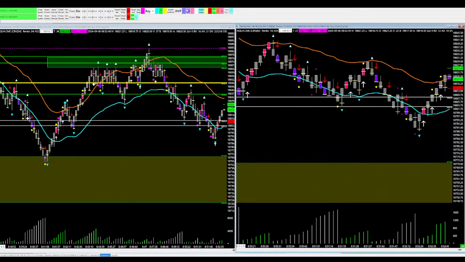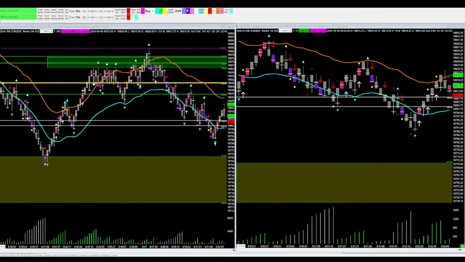And now the area I would not want to trade in would be this area here. I'll color it blue.